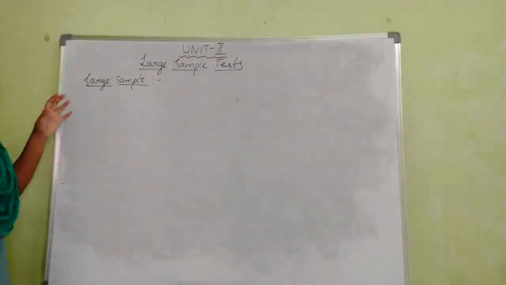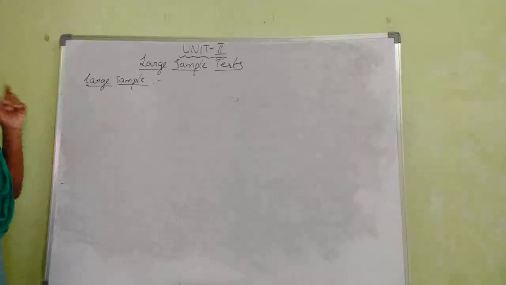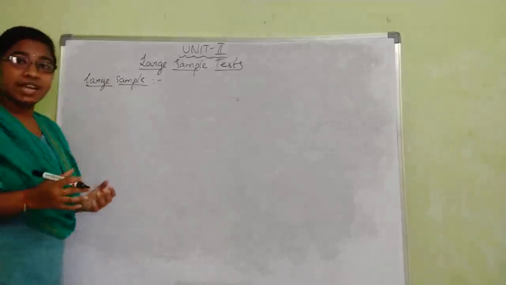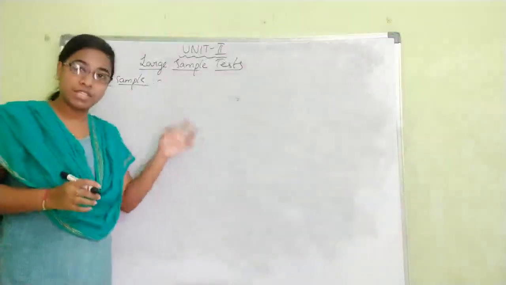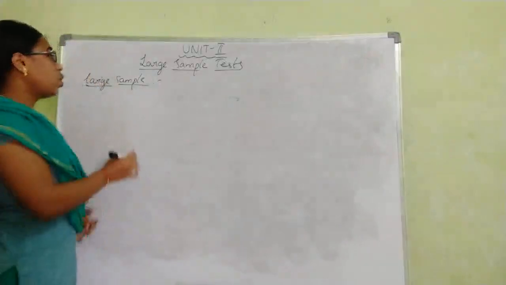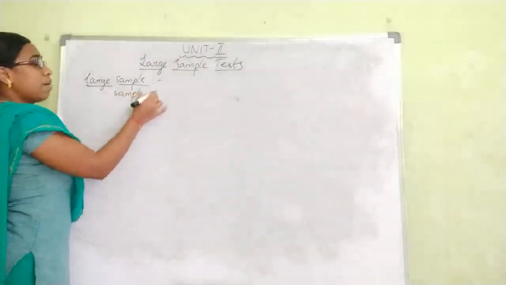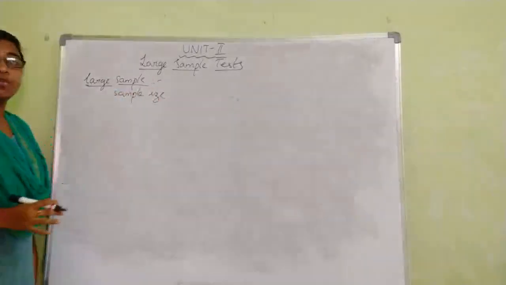The entire statistical theory for conducting the test of significance is based on the sample size only. Based on that sample size, we are going to perform our test of significance.